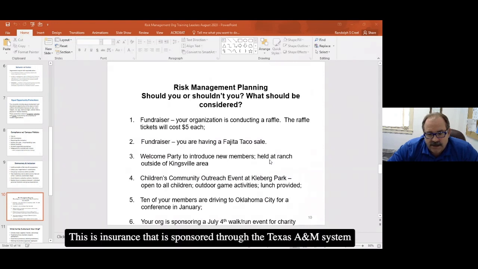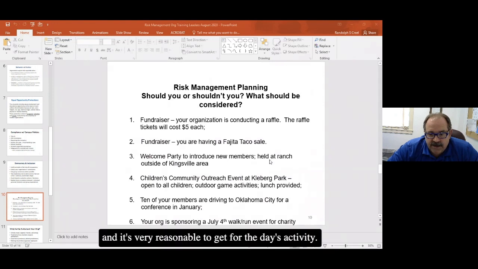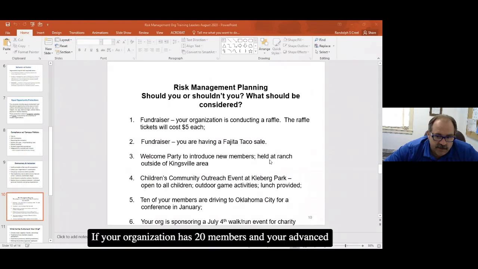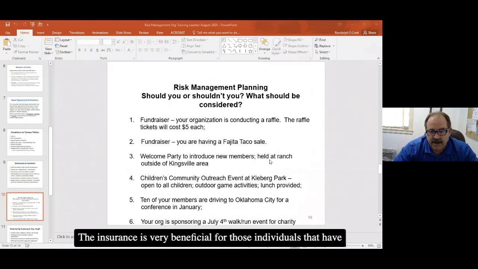This is insurance that is sponsored through the Texas A&M system, and it's very reasonable to get. For the day's activity, I think it's 43 cents per person. So if your organization has 20 members and your event's 1 day long, you would just multiply 20 times 0.43, and that would be the total amount of your insurance. The insurance is very beneficial for those individuals that become injured.